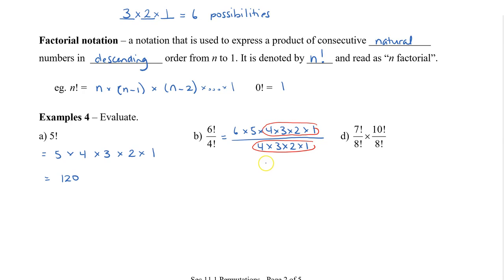So another way to write this is to say that we have 6 times 5, and then instead of writing 4, 3, 2, 1, we know that 4 times 3 times 2 times 1 is actually the same as 4 factorial. And then we have a 4 factorial in the denominator, so now I can see the 4 factorials in the numerator and the denominator. They cancel off. So now I only have 6 times 5, and I don't need a calculator for that, and I get 30.